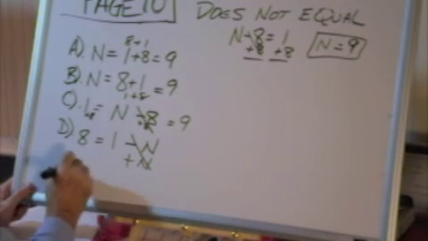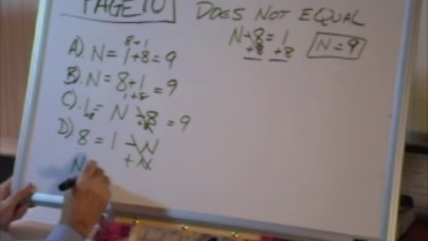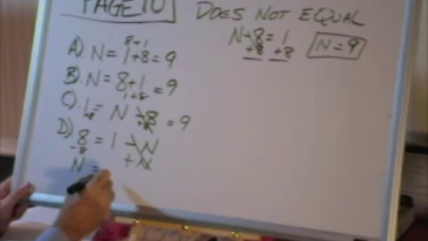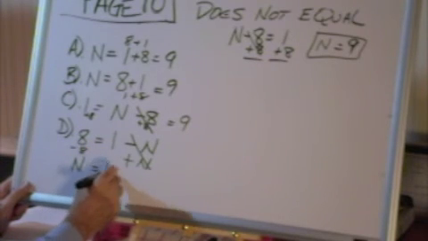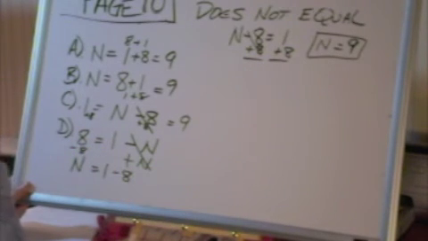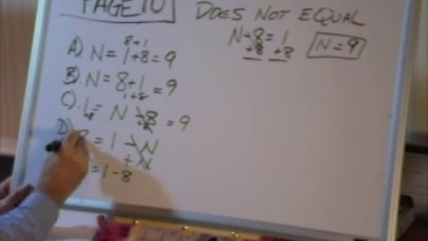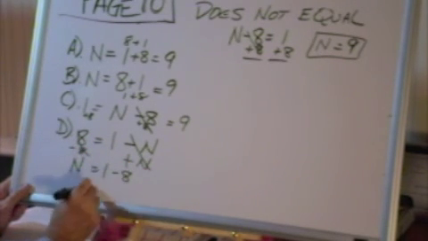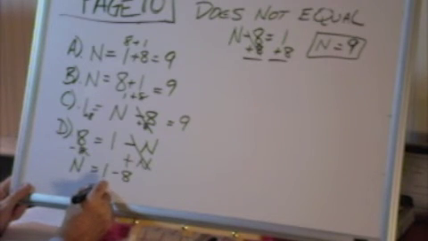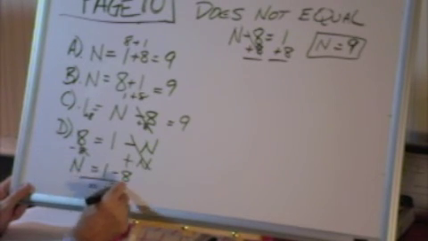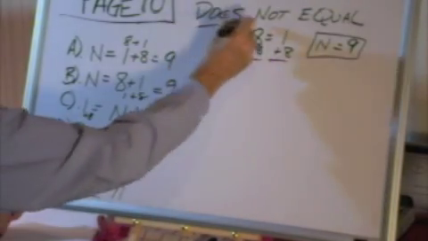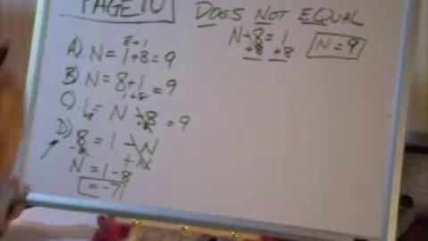That goes away. So you have n here equals, now you've got an 8 over here, let's subtract the 8. You've got 1 here, let's subtract 8. And what you find is, n is by itself here, and n equals 1 minus 8 in this case, which is a negative 7. And that, my friend, indeed, is the one that does not equal.